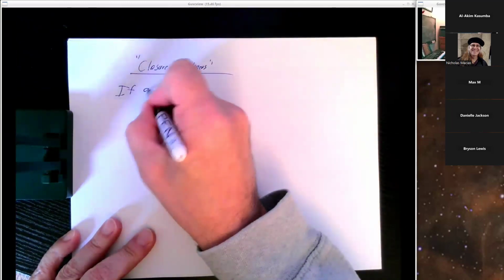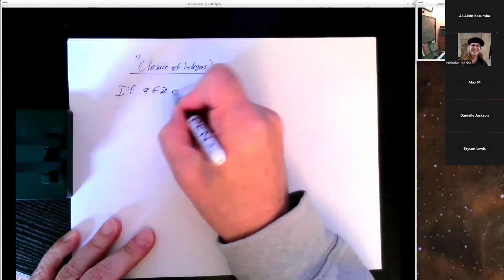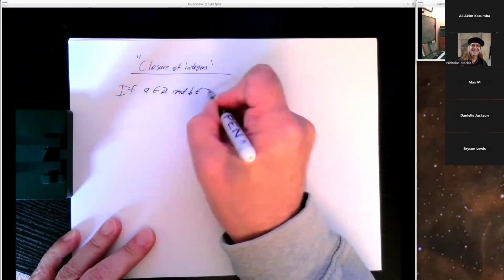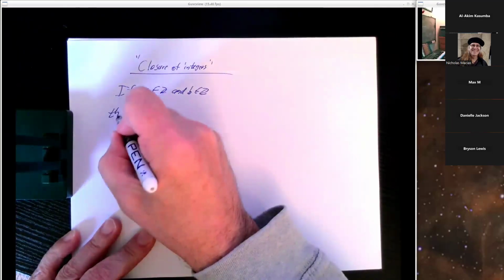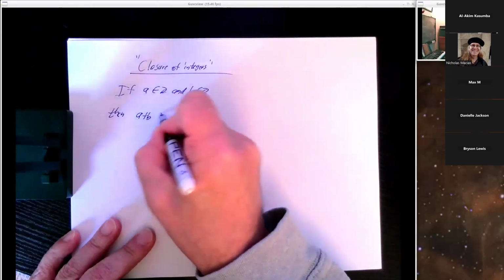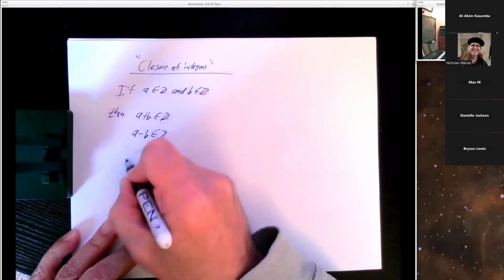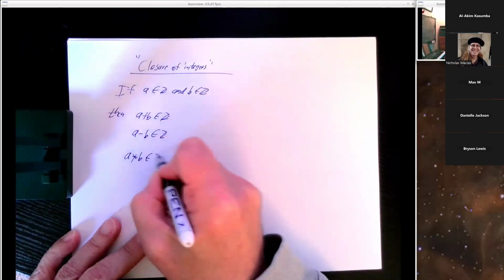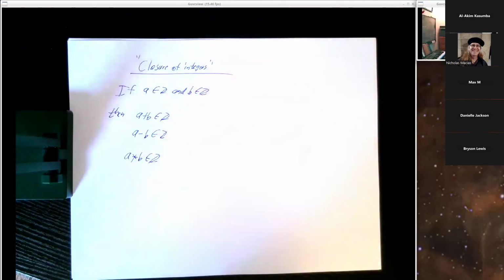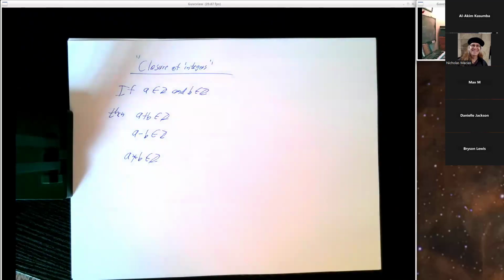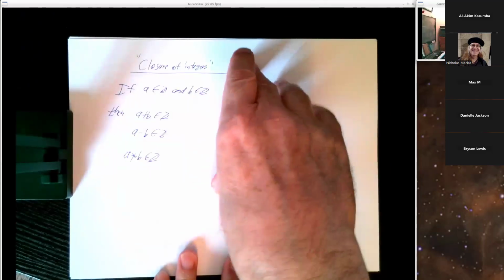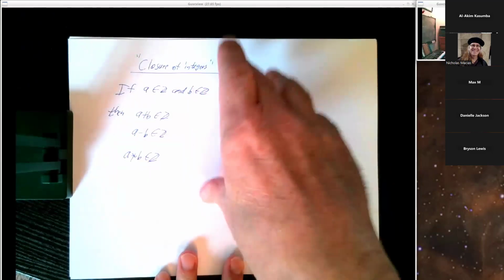If A and B are integers, then their sum is an integer, their difference is an integer, and their product is an integer. In other words, when you add two whole numbers, you get a whole number. If you multiply two whole numbers, you get a whole number. This is hard to prove, but we're going to take this as a fact.